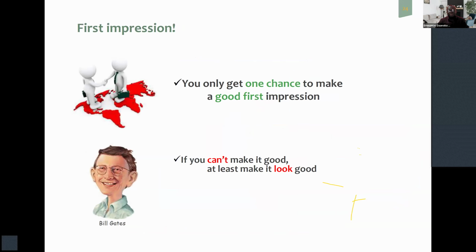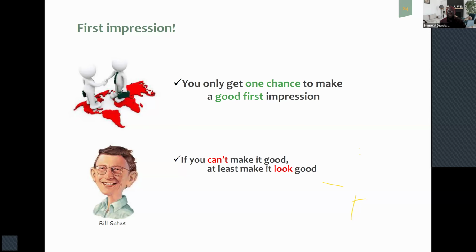First impression. Let me tell you, my brothers and sisters, you only get one chance to make a good first impression. The moment you submit the manuscript and it's full of errors, you have made a bad impression. So make sure the manuscript follows the regulated rules or the guidelines.